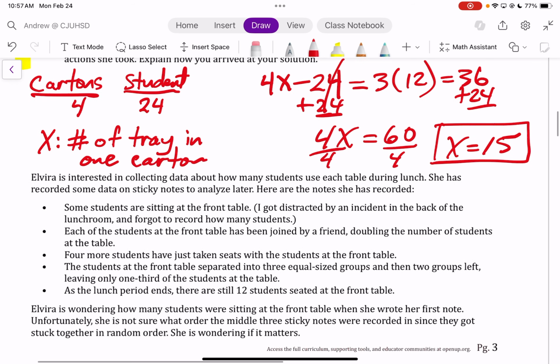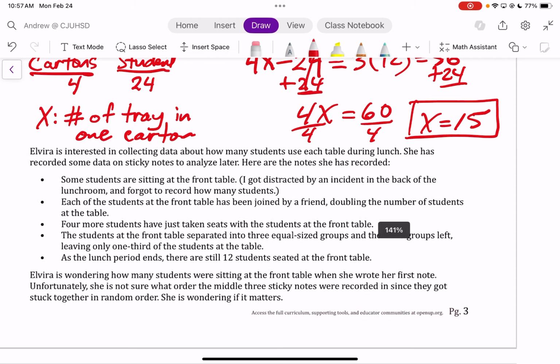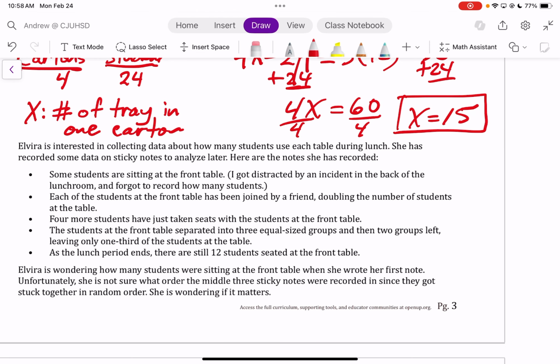Now, a little bit later, she's counting the number of students in a table. She doesn't know. That's your X. How many students are sitting in the front table? But what she can do is she knows that they doubled the number of students.